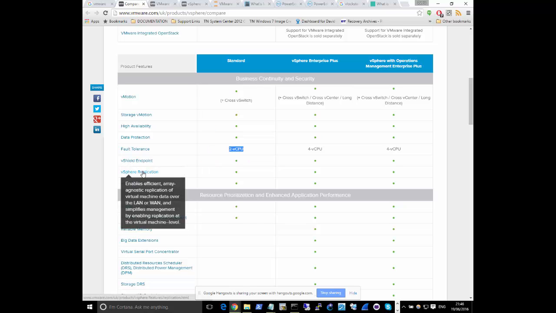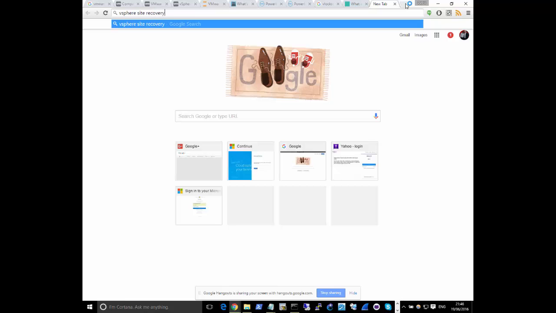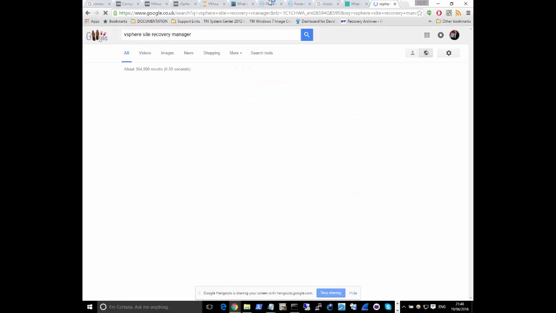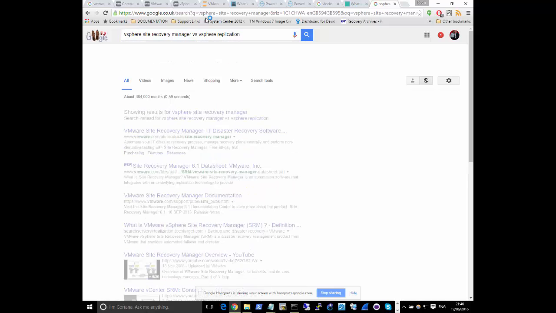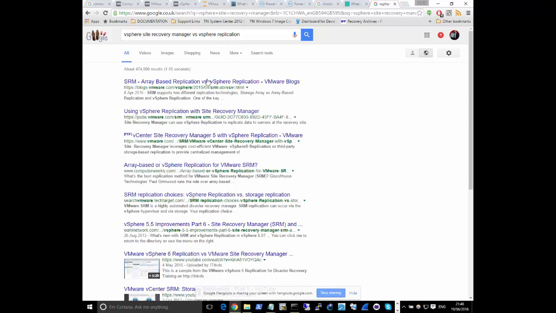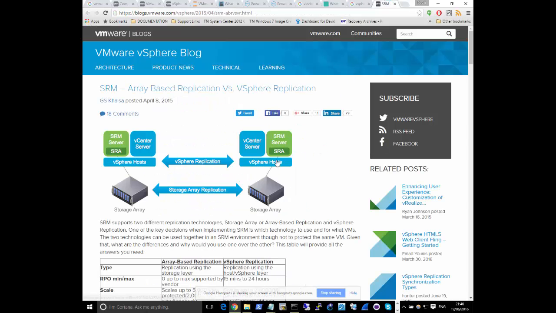But if vSphere Replication is the same as vSphere Site Recovery Manager, it used to be Site Recovery Manager in version 5, but I think it's now different in version 6.